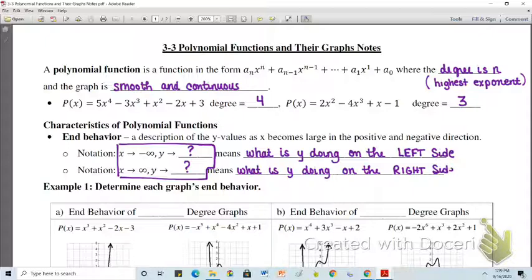So from here, we're going to take a second and look at the graph's pictures. That is how we are going to determine end behavior, from the pictures of the graphs themselves.